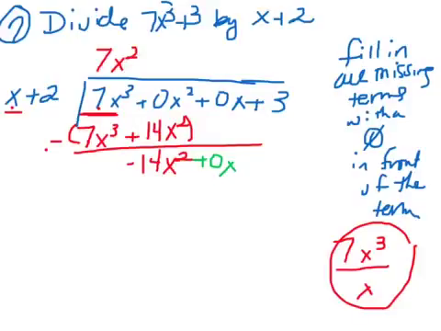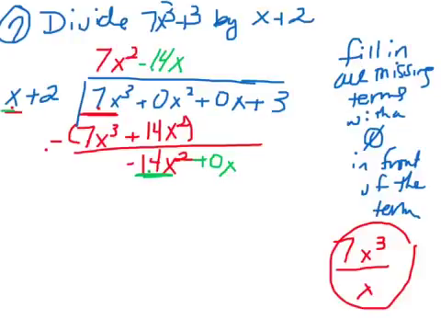How many times does x plus 2 go into negative 14x squared plus 0x? I'm really looking at this term and just saying how many times does x go into negative 14x squared? If I divided negative 14x squared, divided that x out, wouldn't it be minus 14x, right? Okay, so now I multiply it out like I did above.